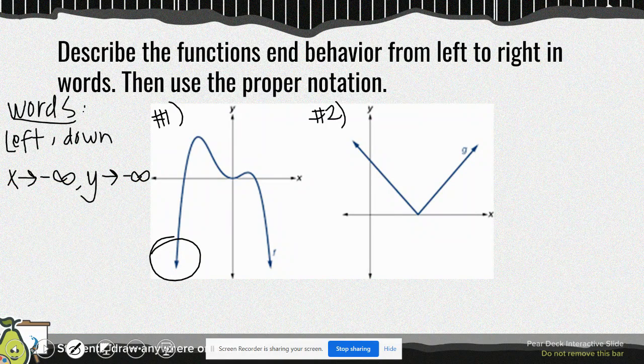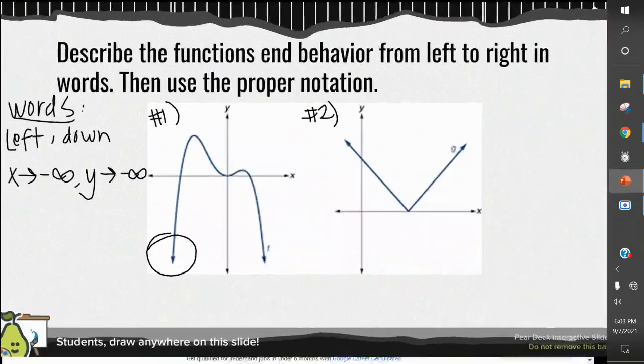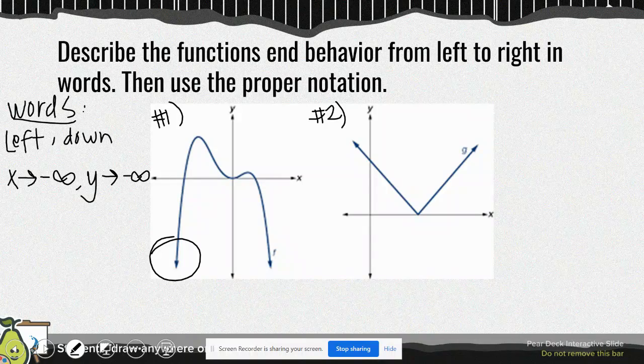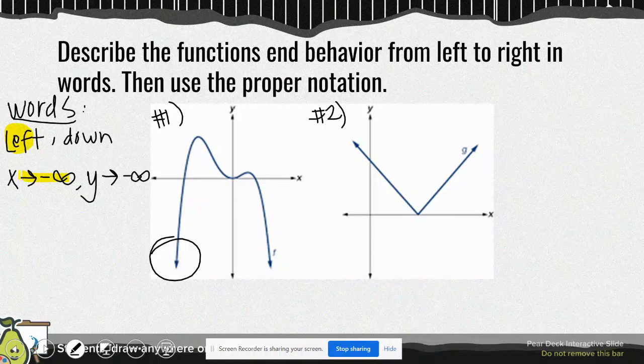And this really just means that on the left, as x approaches negative infinity, I want to know where my function is going. It's pointing down towards negative infinity.